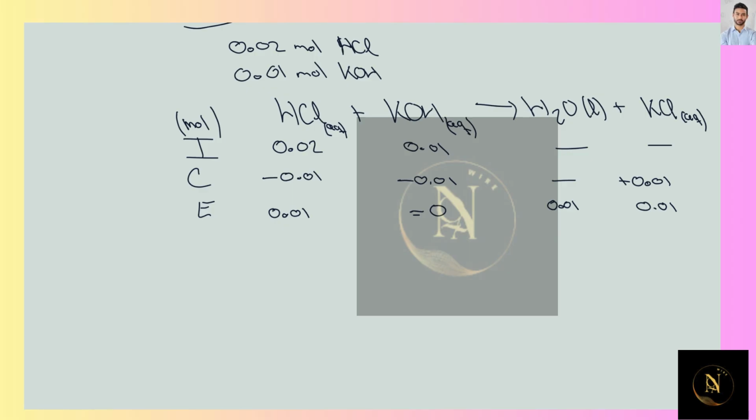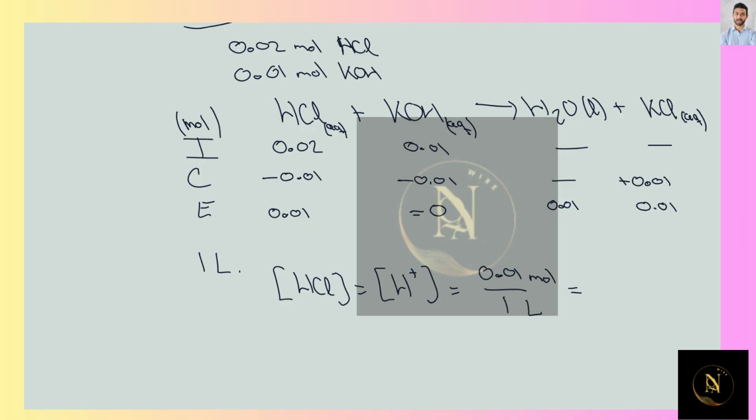Okay, so we know that all of this is contained in 1 liter of solution, so the concentration of HCl, remember that HCl, when it comes into contact with water, dissociates completely, so we can write it as the same as the concentration of H plus, and it's going to be 0.01 divided by 1 liter.